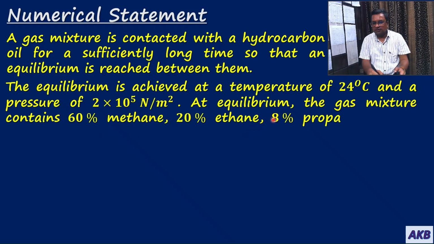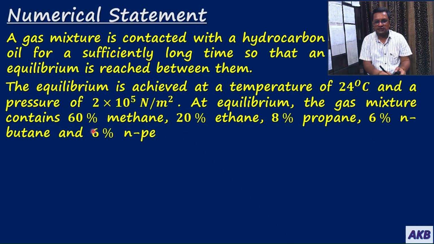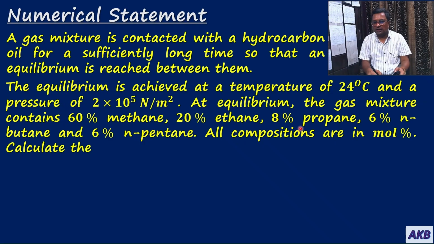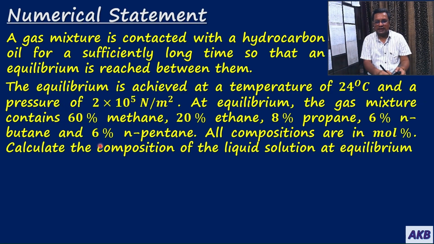At equilibrium, the gas mixture contains 60% methane, 20% ethane, 8% propane, 6% N-butane, and another 6% N-pentane. All these compositions are in mole percent, and we have to calculate the composition of the liquid solution at equilibrium.